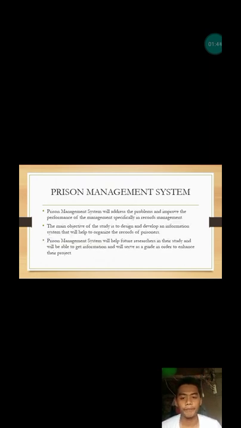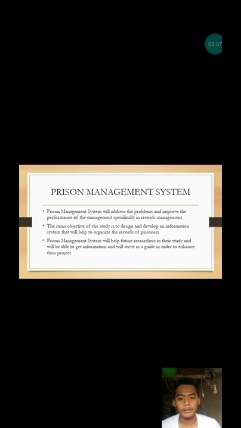Prison management system. Prison management system will address the problems and improve the performance of the management, specifically in records management. So prison management will address, or locate, the problems and also improve the performance of the management.